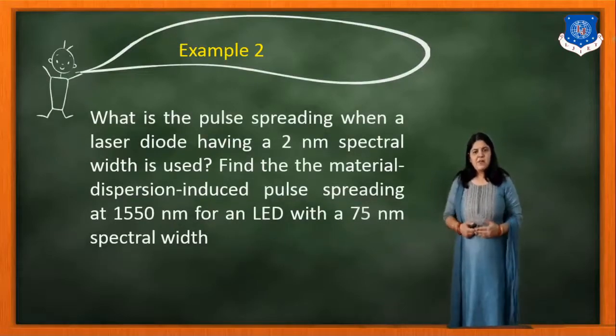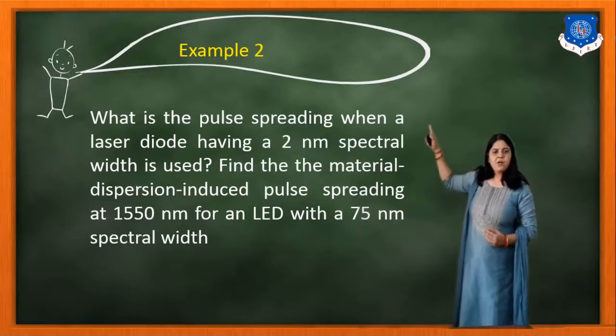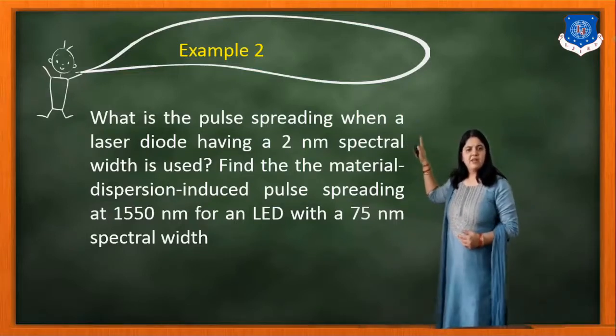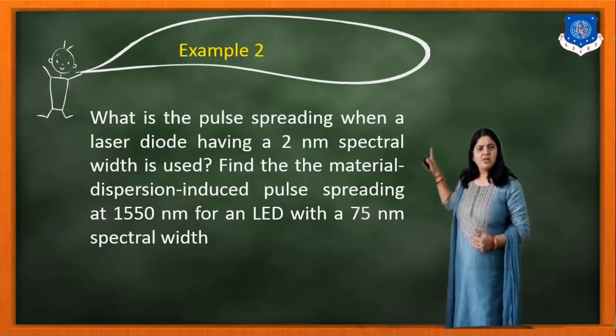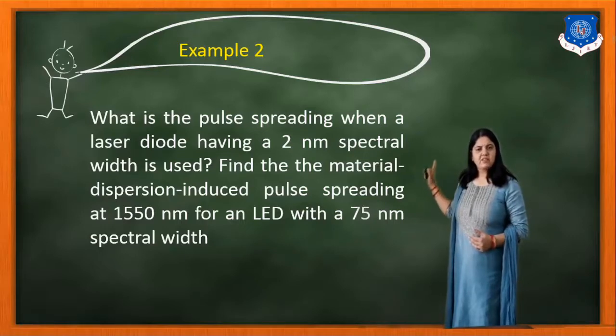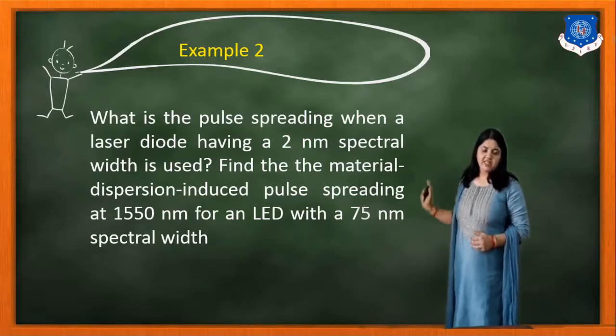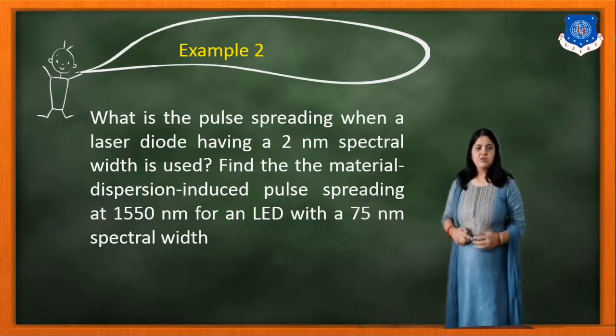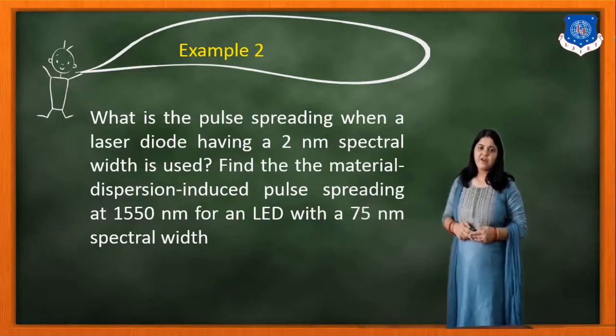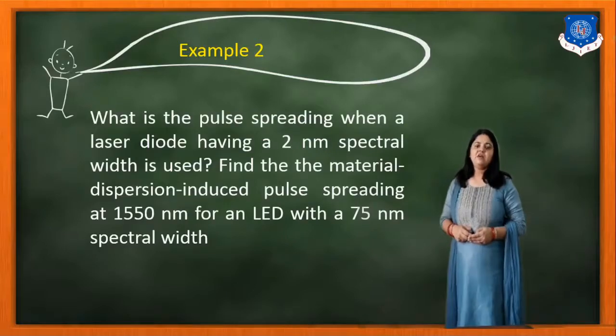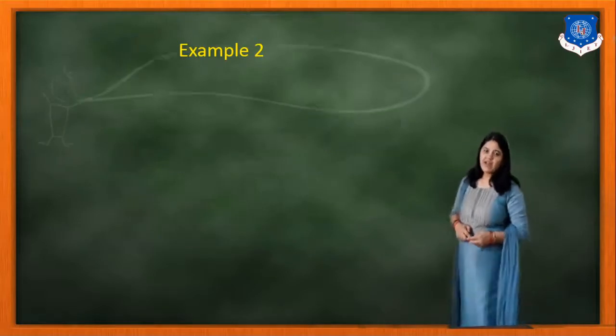Now the next example: what is the pulse spreading when a laser diode having a 2 nanometer spectral width is used? Find the material dispersion induced pulse spreading at 1550 nanometer for an LED with a 75 nanometer spectral width.